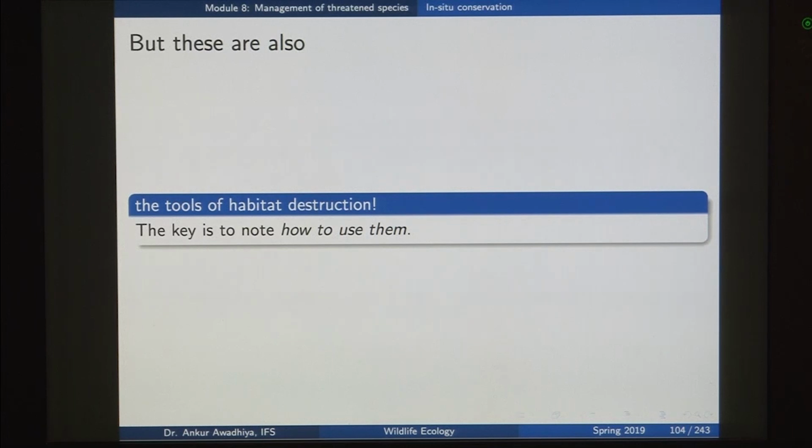And also axe is used for deforestation. So, all of these are also tools of habitat destruction. Now, the key is how to use these tools. We can use them for habitat destruction or we can use them for habitat conservation.